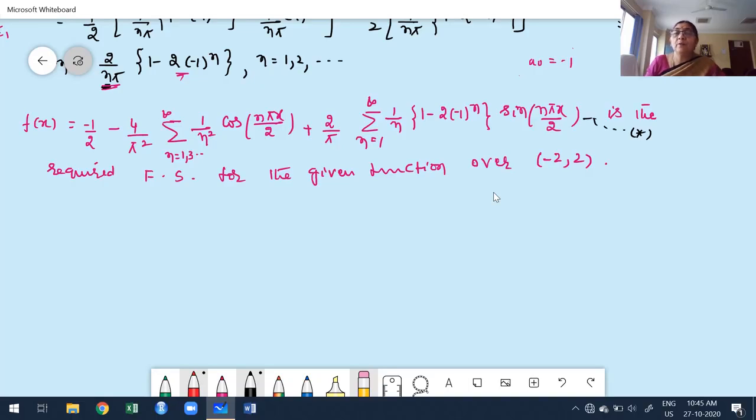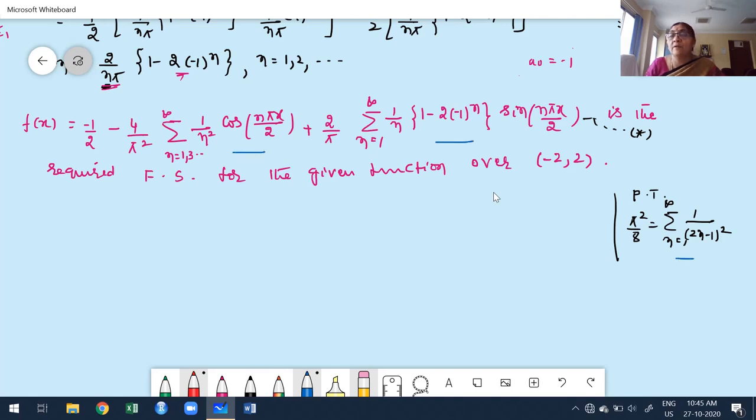Okay, this is one of our important problems. What they are expecting in the deduced part. Prove that or deduce that what actually pi square by 8 is nothing but summation ranging from 1 to infinity 1 by 2n minus 1 whole square. Observe carefully, these are my two summations you have, but they have only one summation.